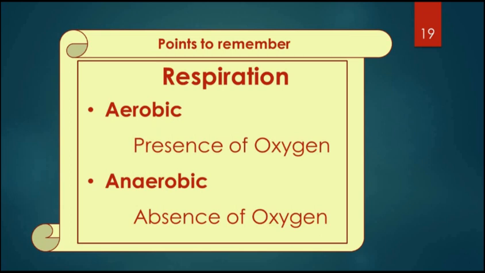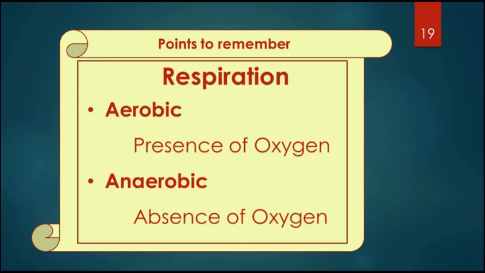Then 2 types: autotrophic and heterotrophic. Autotrophic, green plants, they prepare the food by themselves. Heterotrophic, the organisms depend upon other organisms for their survival. 3 types are there: parasitic, saprophytic and holozoic. Holozoic has 5 steps: ingestion, digestion, absorption, assimilation and egestion.